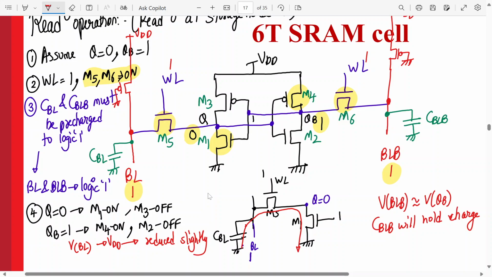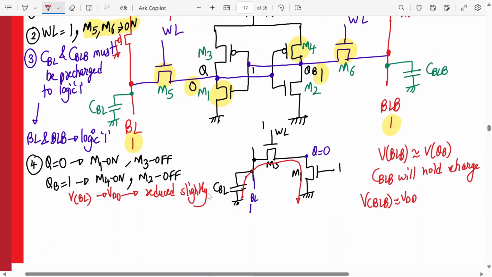So the voltage at BLB will be equal to VDD. Yes or no? That means now the voltage at BL is reducing slightly and the voltage at BLB stays at VDD. Now we have to do one more thing.